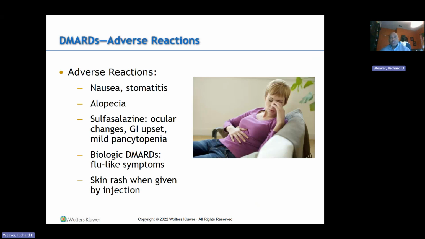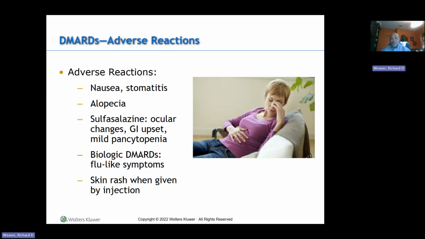Unfortunately, these chemotherapeutic drugs kill the good stuff: the good white blood cells, the red blood cells, and the platelets. If you kill the white blood cells, you're in effect suppressing the immune system. So those chemotherapeutic drugs cause nausea, stomatitis, as well as alopecia. Well, these drugs directly suppress the immune system, so they have some of the same symptoms: the alopecia, nausea, stomatitis, and so forth.